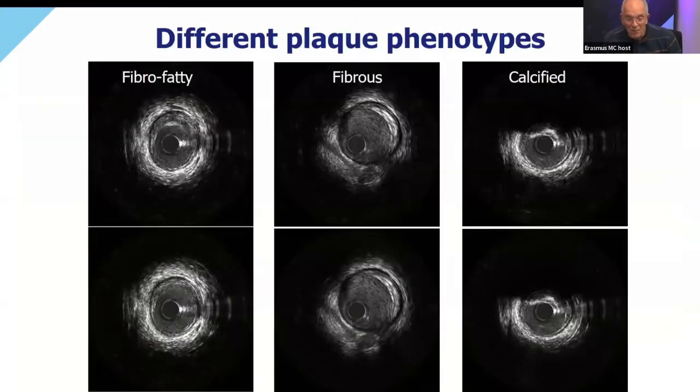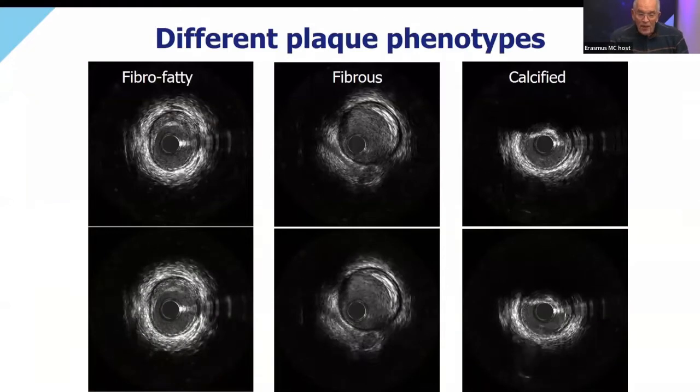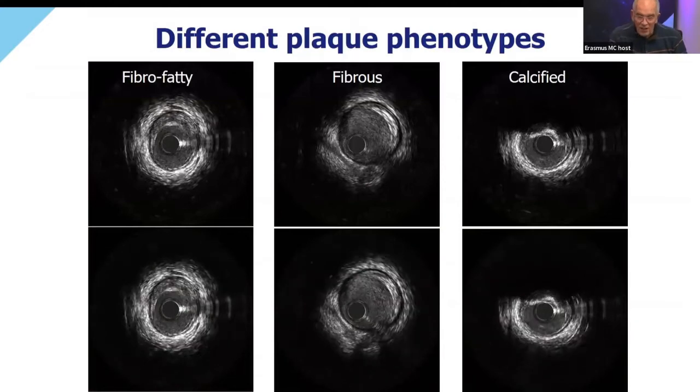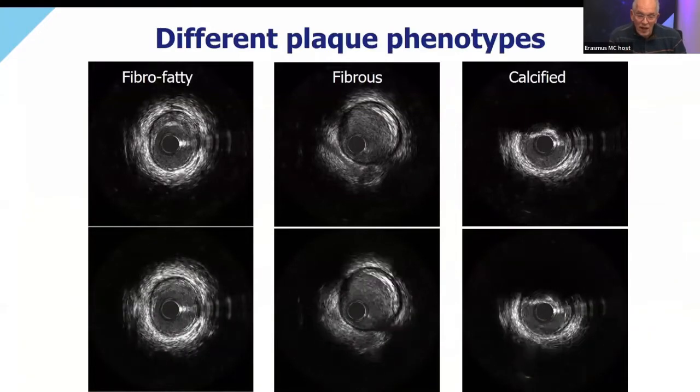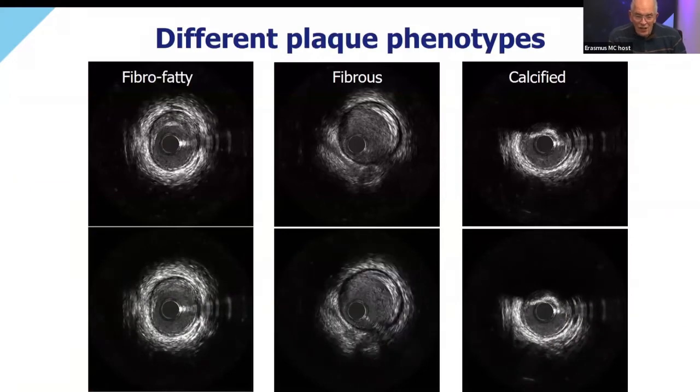Here we see actually 95% of the plaques that you can appreciate in a diseased vessel. Going from left to right, we have fibrofatty, in the middle fibrous, and calcified. I always say this is lesson 1 for interpretation.